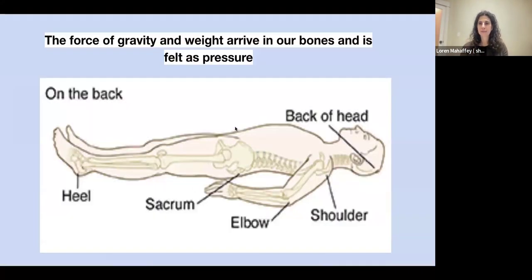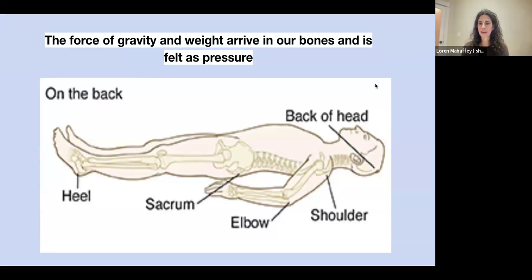We can say that the force of gravity and weight arrive in our bones and is felt as pressure. And so bones are perceived in a sensory form through the experience of pressure, right?